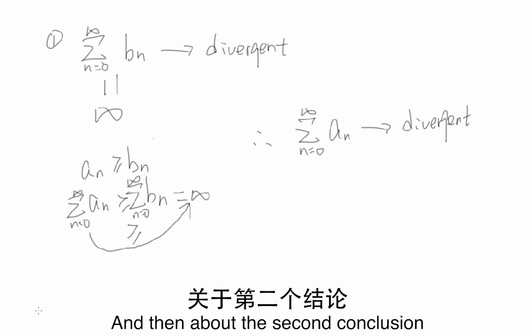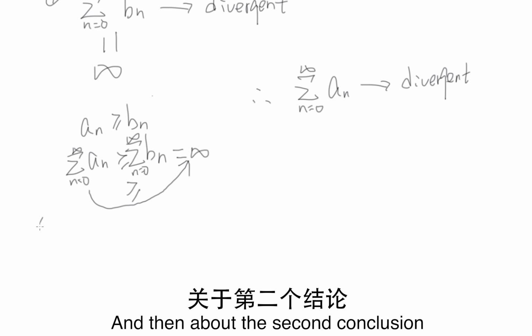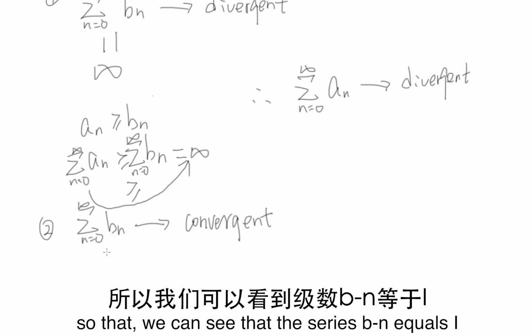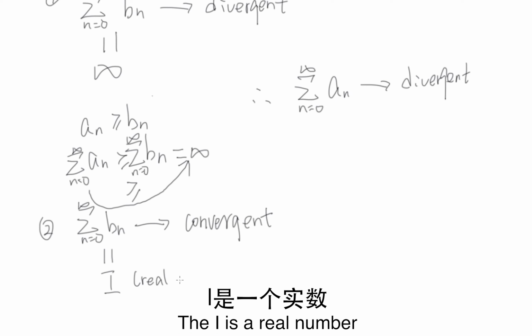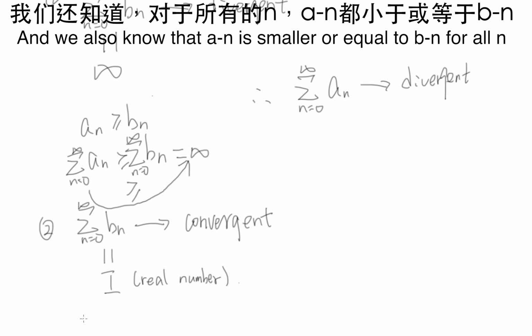And then about the second conclusion, because we know that the series bn is convergent, we can see that the series bn equals L, where L is a real number. And we also know that an is smaller or equal to bn for all n.